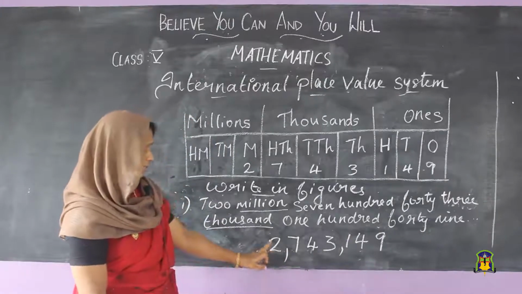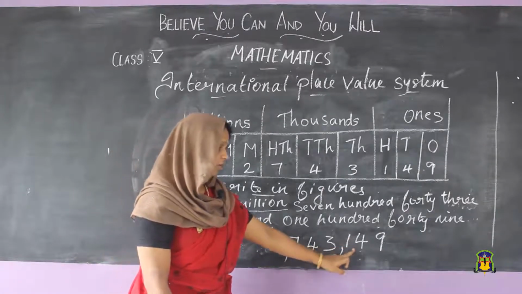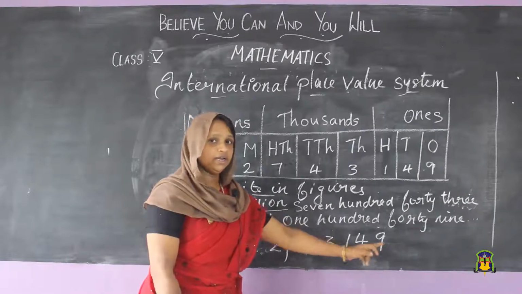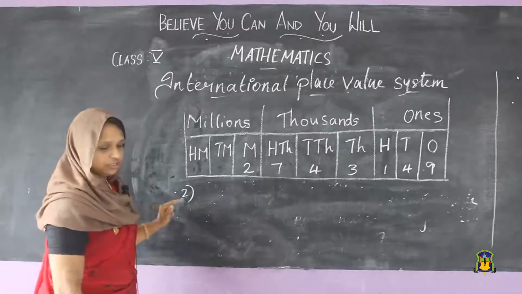So we can read it as 2,743,149. So we can move on to the next question.